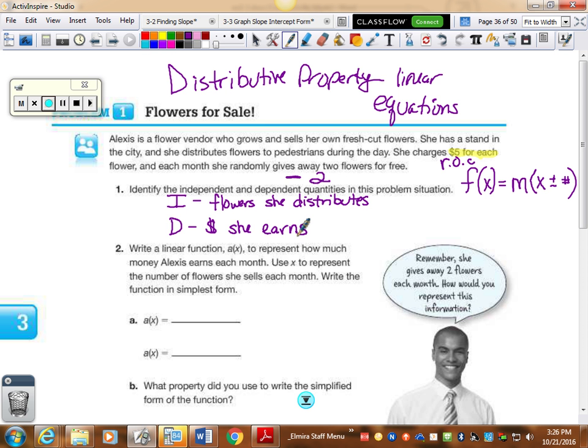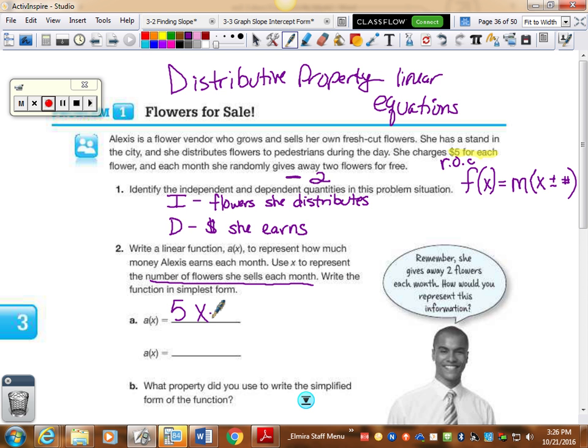Alright, it says write a linear function A of x to represent how much money Alexis earns each month. Use x to represent the number of flowers she sells. Write the function in its simplest form. So normally we would say 5 times the number of flowers. But we got something special going on.